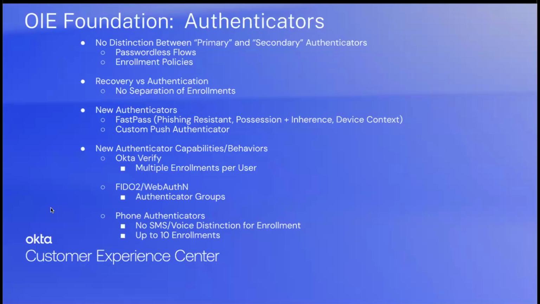Same thing with email. You could have completely separate enrollments for the recovery flows versus what you would have for SSO purposes. In OIE, that distinction goes away as well. Everything is just an authenticator. Even if it's only for recovery, it's still an authenticator, and everything is now subject to the enrollment policies.